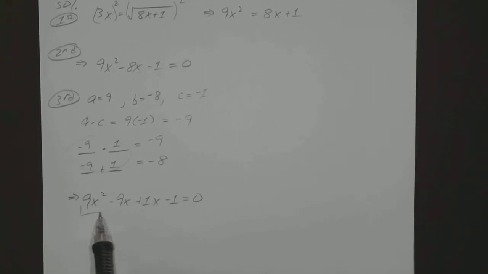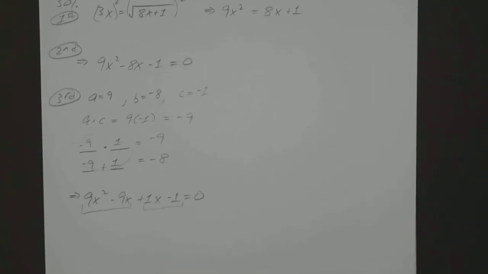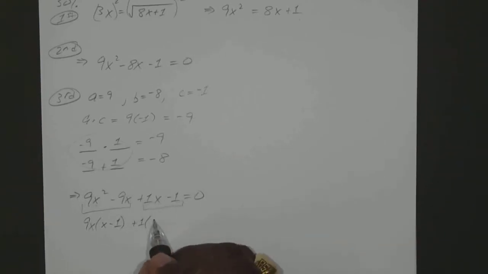Okay. Now we just take the greatest common factor from those two. These two we can factor out 9x, and we're left with x minus 1. These two we can factor out a positive 1. We're left with x minus 1.